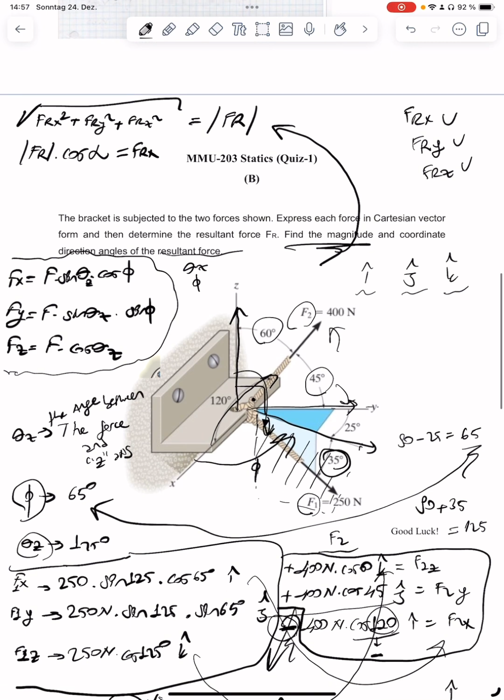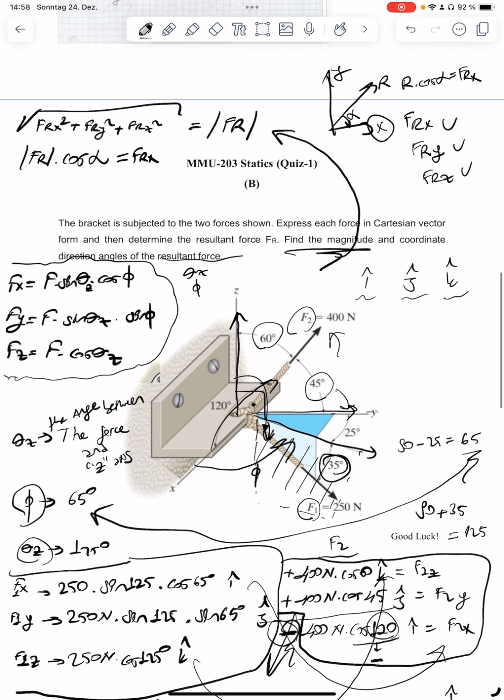Why? Because, for example, we have a resultant force here. If there's an angle alpha between the resultant force and the x-axis, then the magnitude of F resultant times cosine alpha is equal to Fr in the x. It is correct, yes.